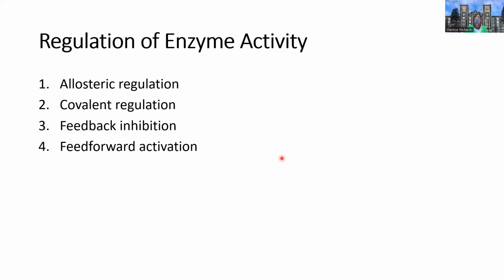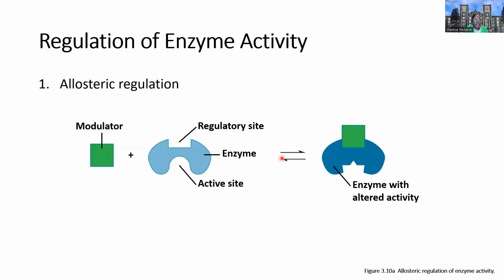These last two are essentially determined by the amount of substrate or product. That can feed forward the reaction, or it can inhibit some of the earlier substrate or steps in the reactions. Let's start with allosteric regulation.